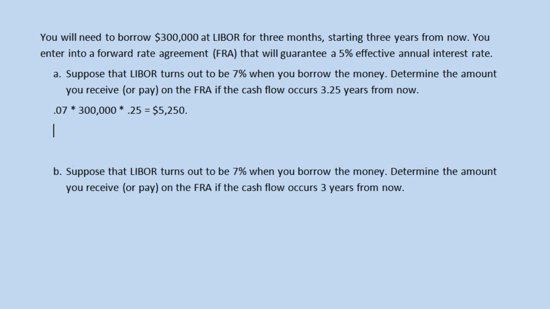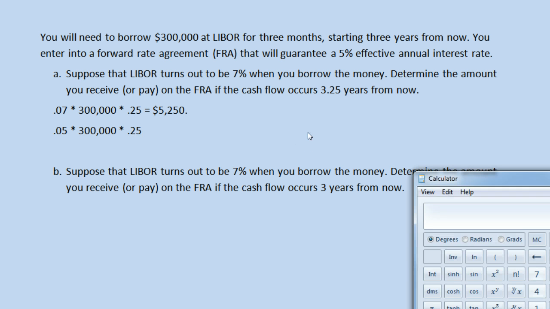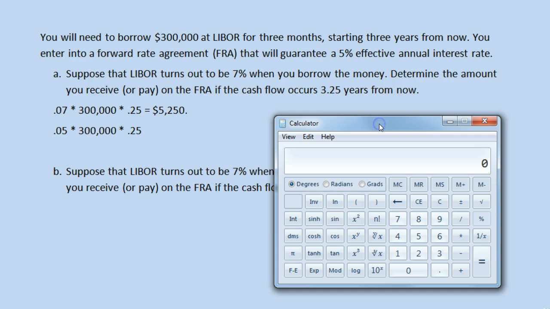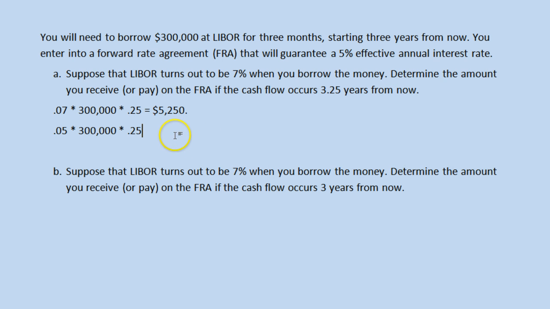However, you entered into a forward rate agreement so that you could lock in a 5% interest rate, which means that you really should be paying 0.05 times 300,000 times 0.25. Calculator. $3,750.